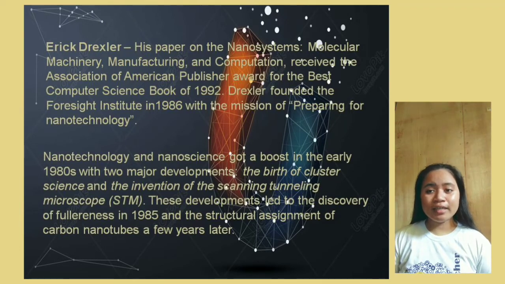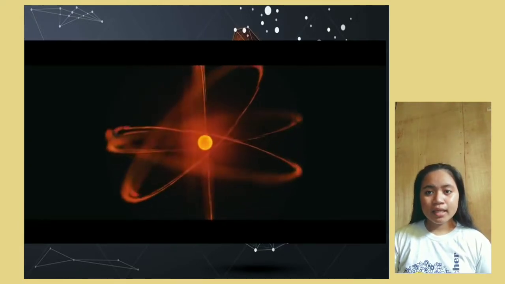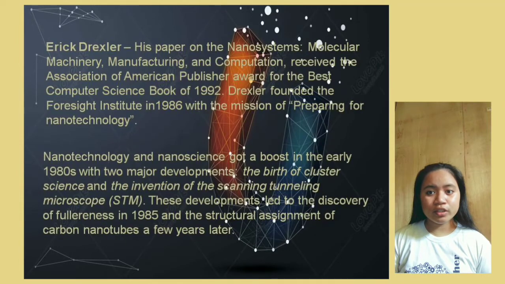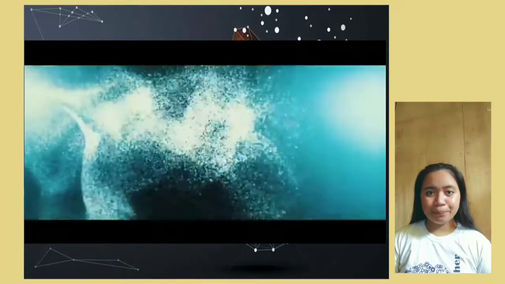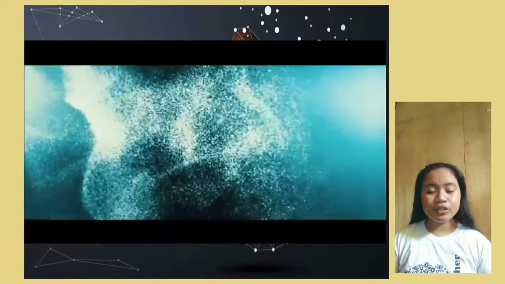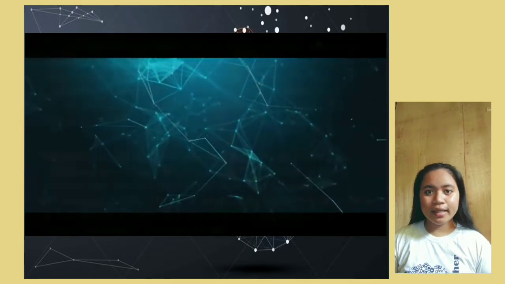Nanotechnology and nanoscience got a boost in the early 1980s with two major developments. These include the birth of cluster science and the invention of the scanning tunneling microscope, or STM. These developments led to the discovery of fullerenes in 1985 and the structural assignment of carbon nanotubes a few years later.